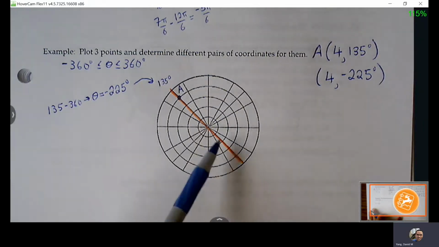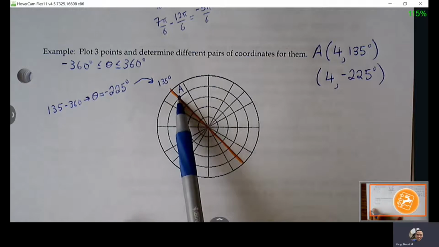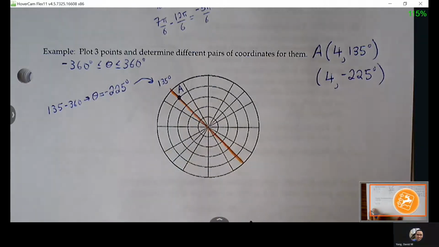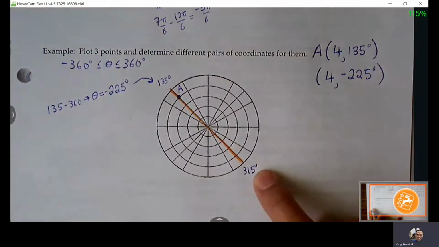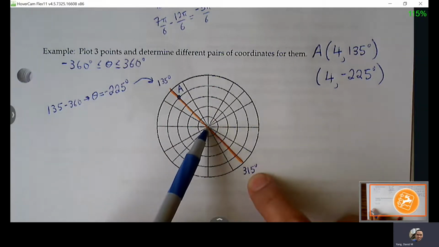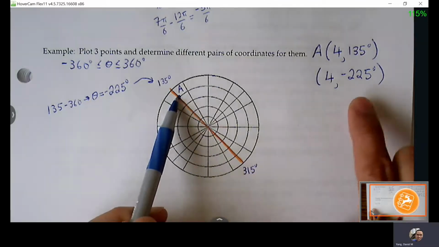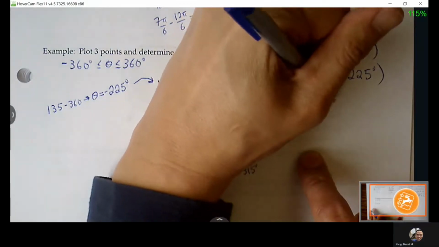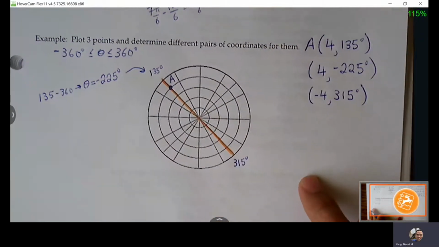All right, what about starting from this 4th quadrant here? What's an ordered pair that can also take us to point A? Yep, 315. It's in that 4th quadrant. It's the 45-degree variation in the 4th quadrant, and we're going to walk backwards away from 315, negative 4 units, and that will take us to the same place. Good.